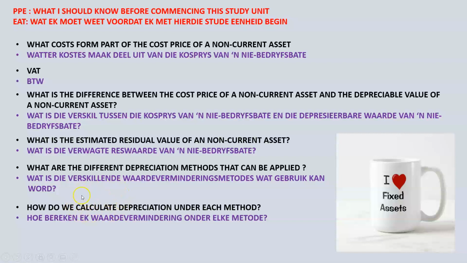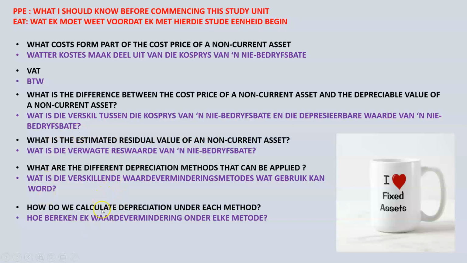Now that percentage will already include the estimated residual value at the end of the lifetime of the asset. So if I apply that percentage on an annual basis, I will, by the end of the estimated lifetime of the asset, have depreciated the asset up to its residual value automatically.